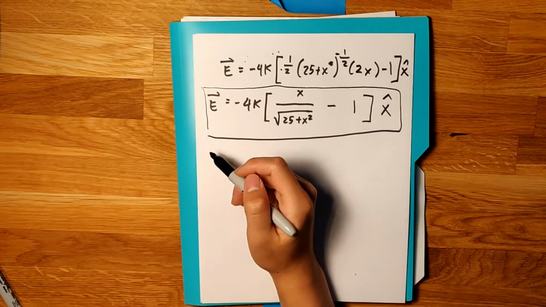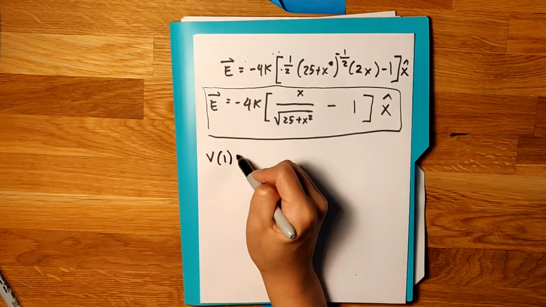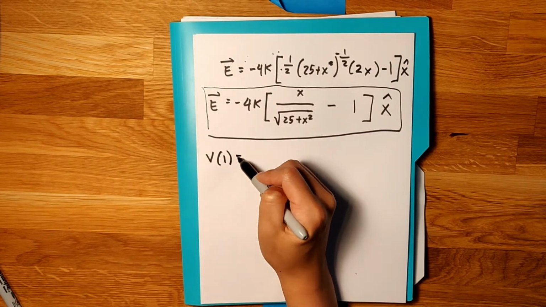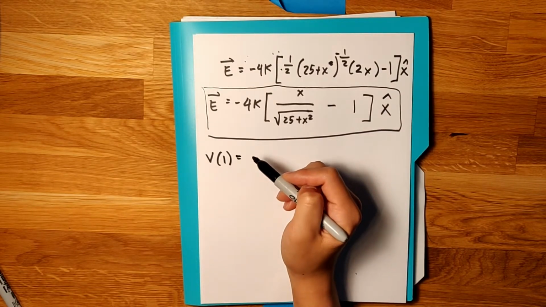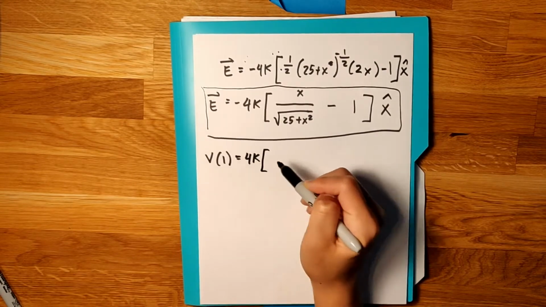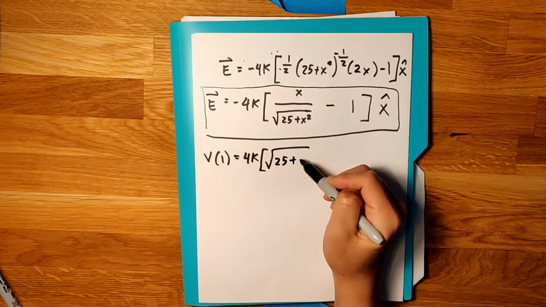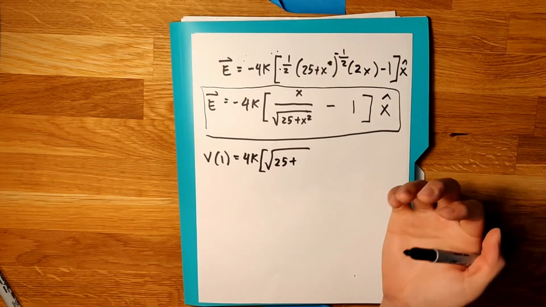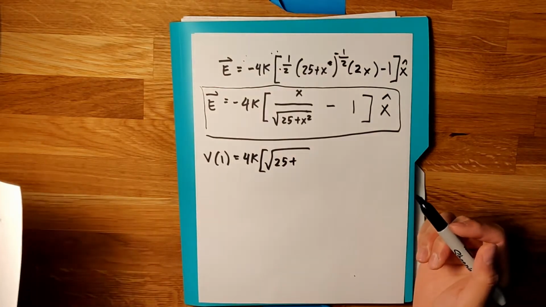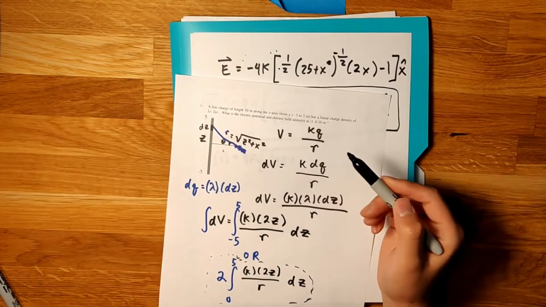So starting with our electric potential, you know that V of 1 is equal to 4k times the square root of 25 plus x squared, but we can just plug in 1 because we know that our electric field and electric potential only care about the x direction.